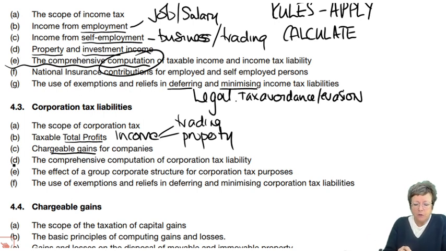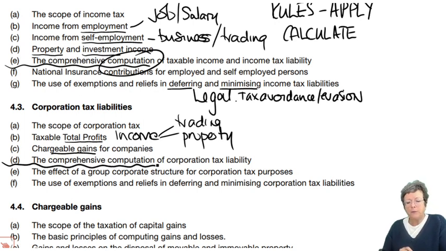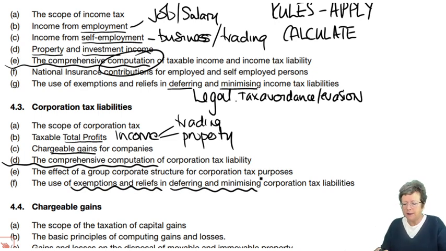We would then do, if you notice, again, very similar, a comprehensive computation. We bring all the various parts of the income together and we work out the tax. Now, if you look at the bottom one, exemptions and reliefs, to defer or minimise, same process. And again, it must be legal, within the law, within the rules.